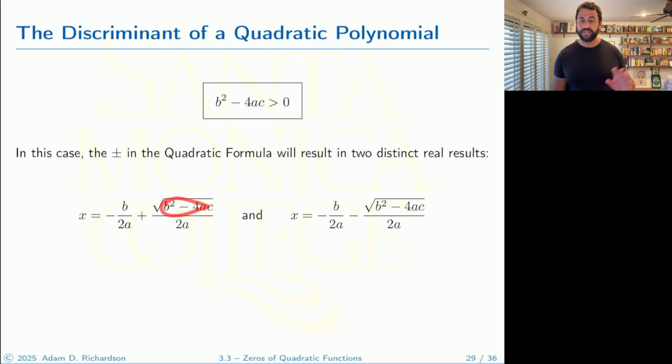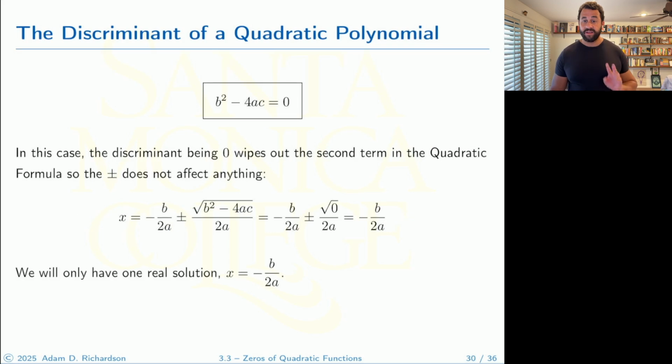B squared minus 4ac could be any positive number: 2, 1, 2, 3, pi, e, log of 18. It could be anything. But whatever this thing is, if it's positive, then this plus minus is going to give you two distinct real solutions. Geometrically, that means you're going to have two x-intercepts for your parabola.